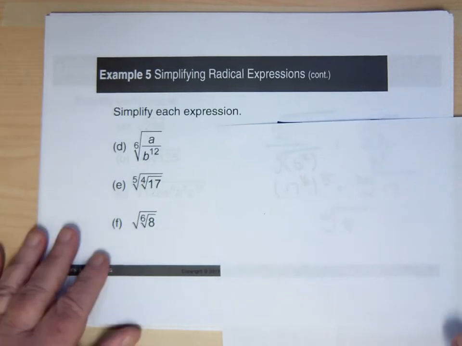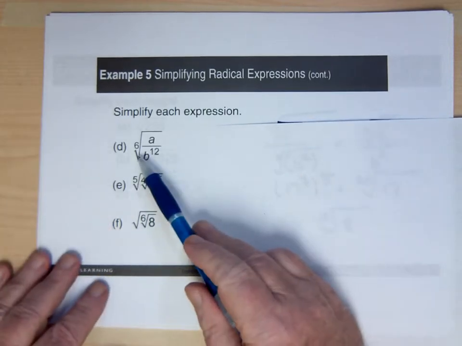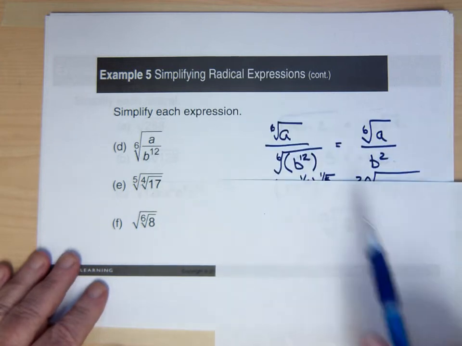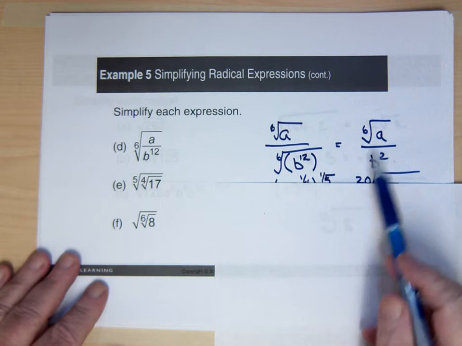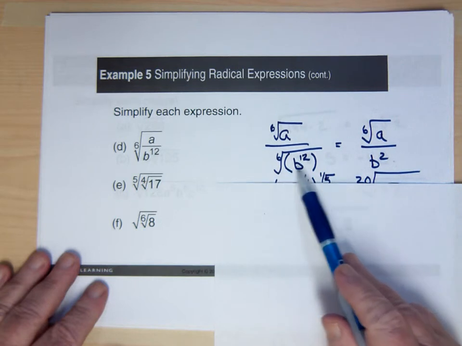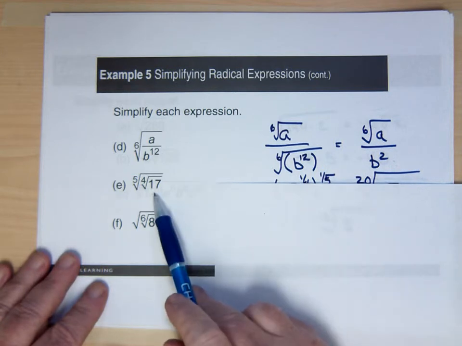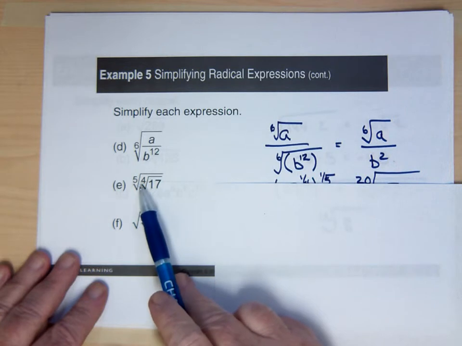Continuing to simplify here, I'm going to take the 6th root of the top and the 6th root of the bottom, and that's going to give me the 6th root of a over here. I'm taking the 6th root of b to the 12th, which is b squared, because it is 12 over 6. Here I'm taking the 4th root of 17, and then I'm taking the 1/5 root of that.